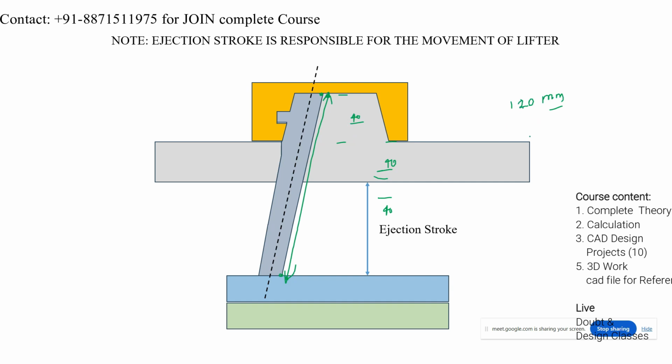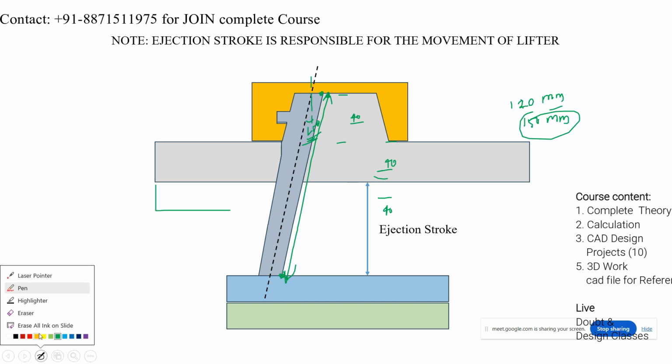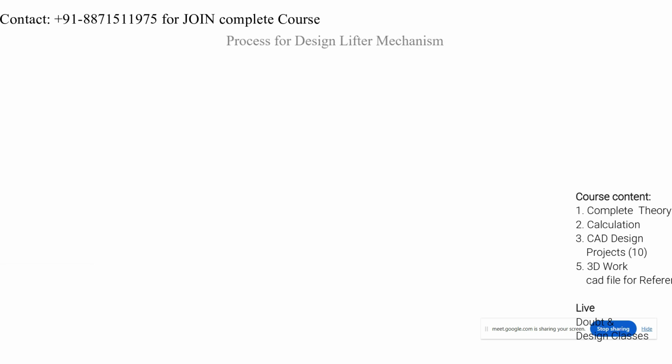If I take one more plate here, a back plate, it can be 150 mm. Because of the higher length, we have to take the minimum angle. So at maximum we can take 15 degrees. Understood?